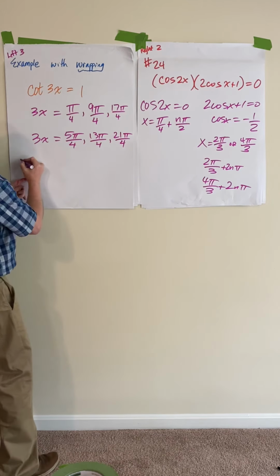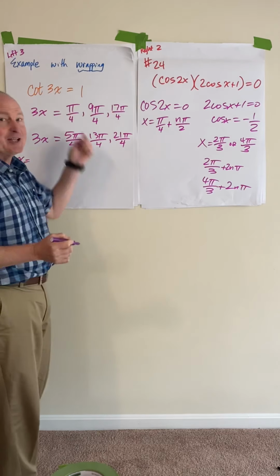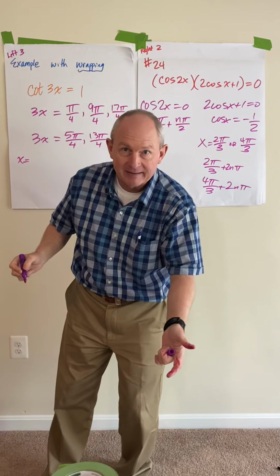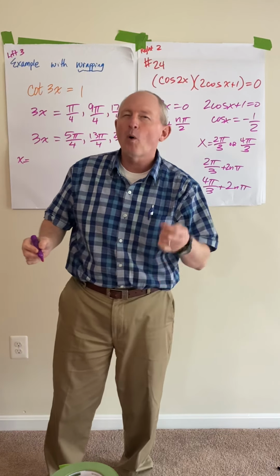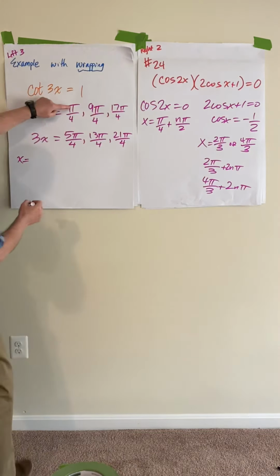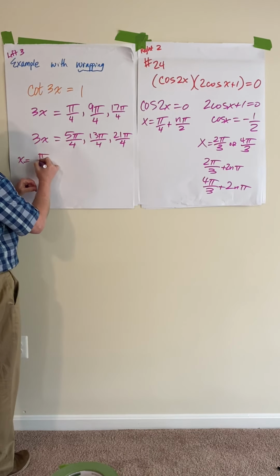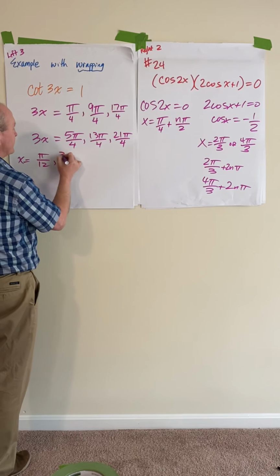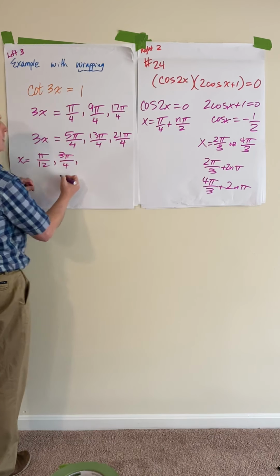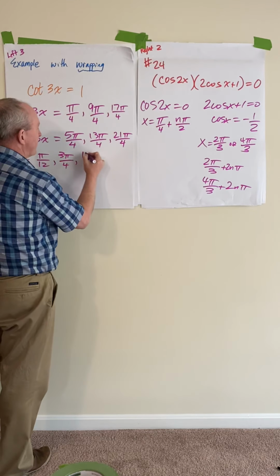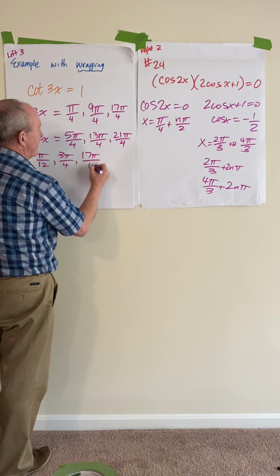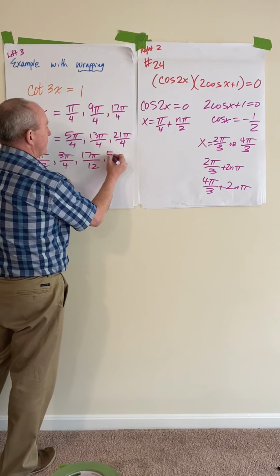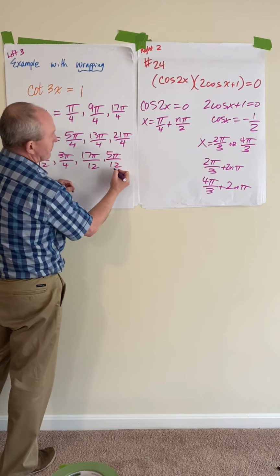So x would equal, now we just take each one of these solutions for 3x and divide it by 3. Okay, watch. Pi over 4 divided by 3 is pi over 12. 9 pi over 4 divided by 3 is 3 pi over 4. 17 pi over 4 divided by 3 is 17 pi over 12. 5 pi over 4 divided by 3 is 5 pi over 12.